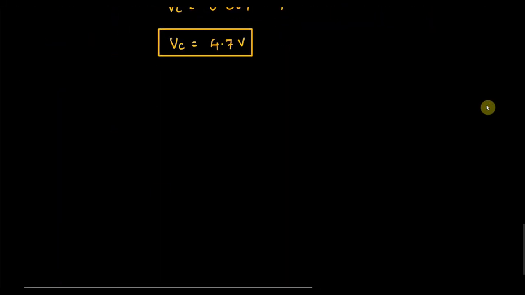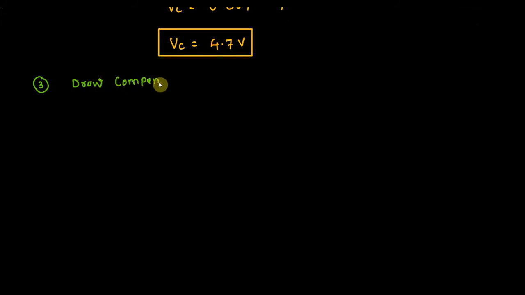Okay. So I will be taking the third and the last step. The third step is draw compensating network. So how will that be drawn?